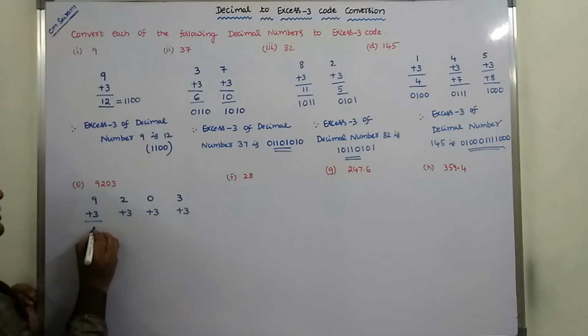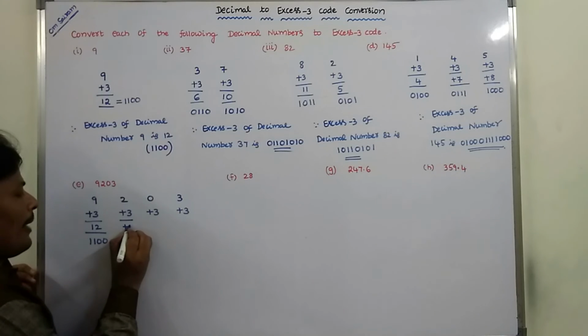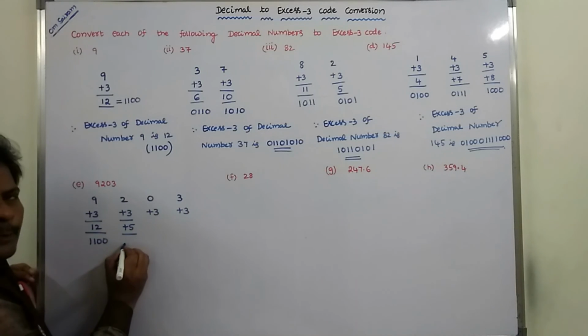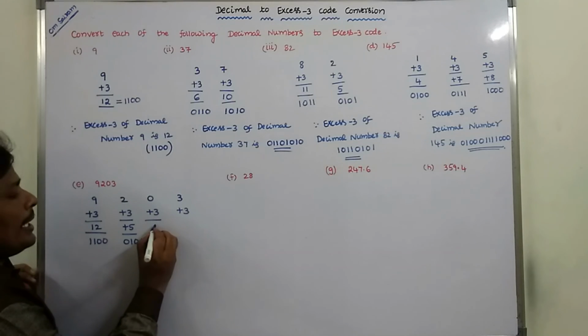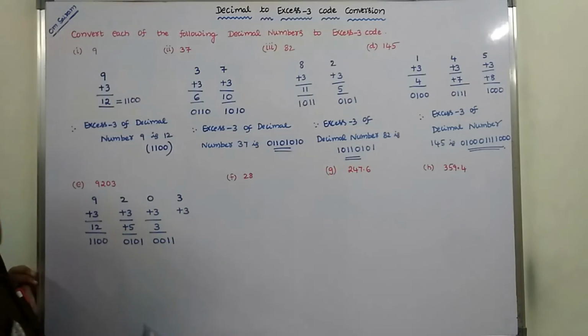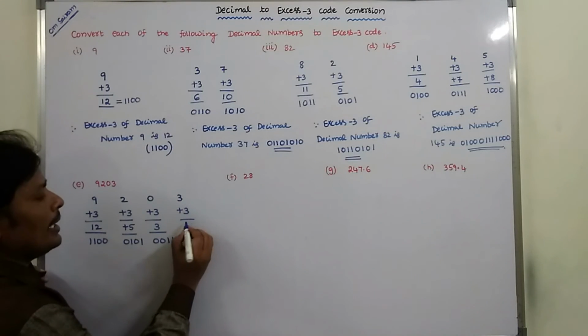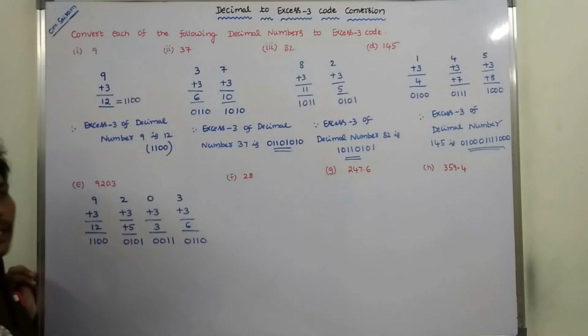So 9 plus 3, that is 12. The corresponding binary number is 1100. Okay. 2 plus 3, that is 5. The corresponding binary number is 0101. 0 plus 3 is 3. The corresponding binary number is 0011. 3 plus 3, that is 6. The corresponding binary number is 0110.